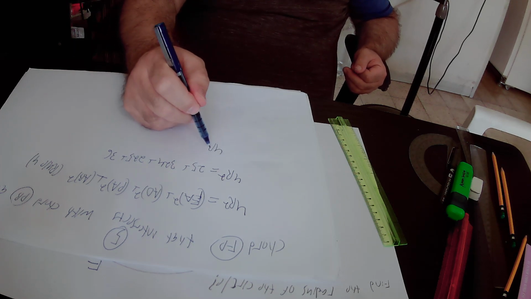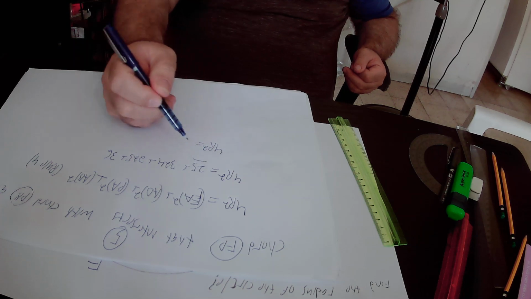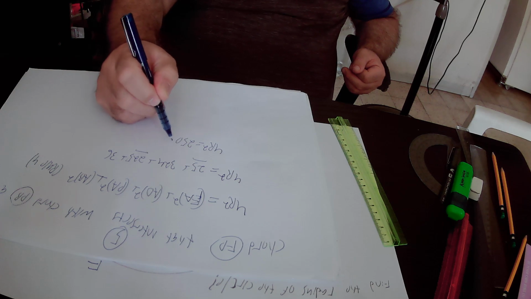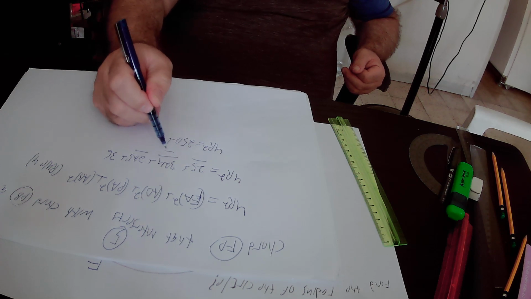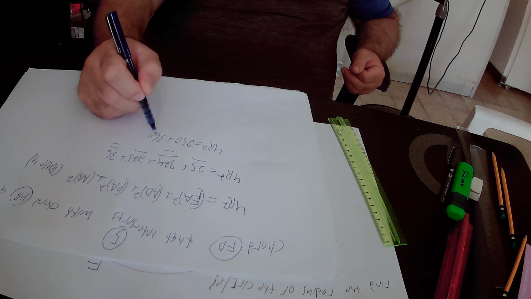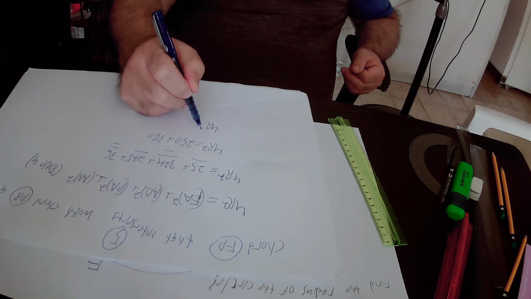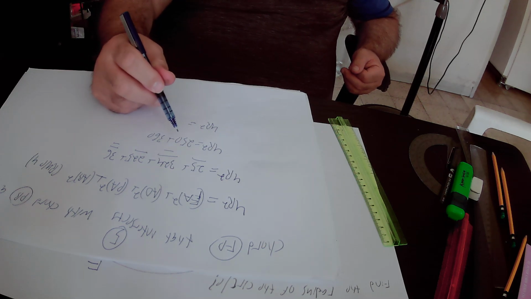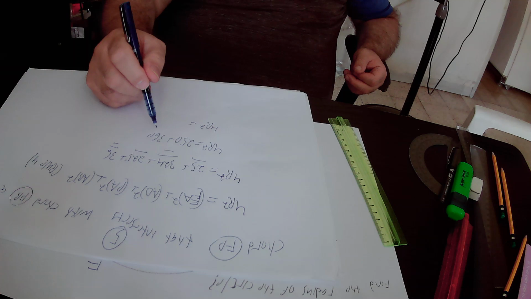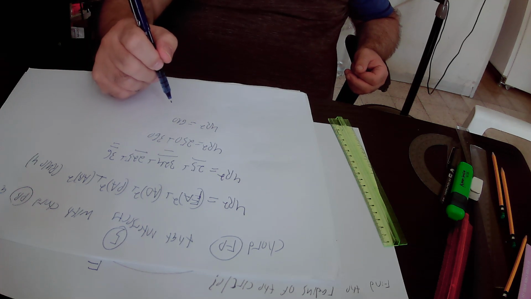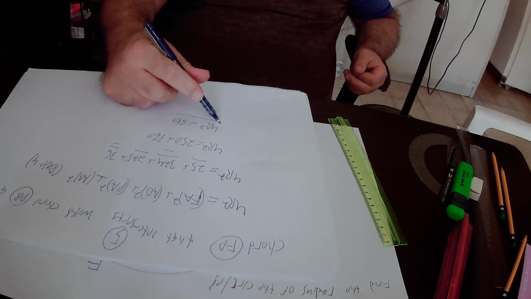So 4R squared equals 25 plus 225, which is 250, and 324 plus 36, which is 360. So in conclusion, 4R squared equals 250 plus 360, which is 610. So 4R squared equals 610.